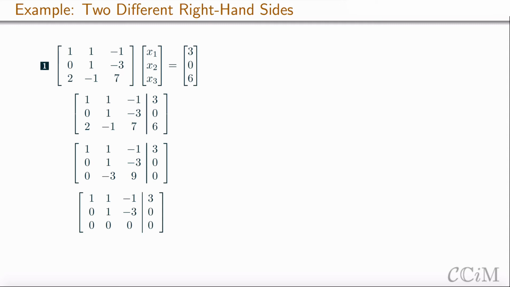The third row consists of all zeros, so it contains no information. The second row says that x2 minus 3x3 must equal 0, and the first row implies that x1 plus x2 minus x3 equals 3. This means that we actually can choose x3 freely. This system does not determine what x3 is supposed to be.